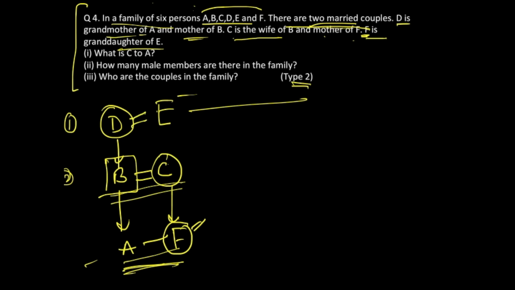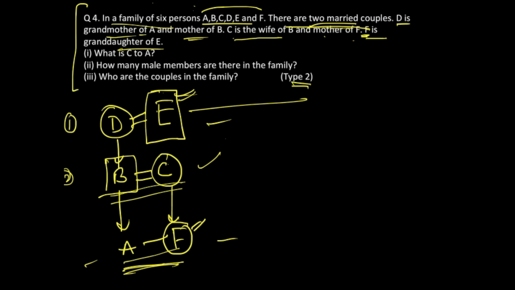So in order to draw that, we'll form a double line sort of relation, which is that of marriage, and since D is female, E has to be a male member, right? So now our conditions are being met, that D and E are one particular married couple, B and C are the other couple, and A and F are siblings, right?